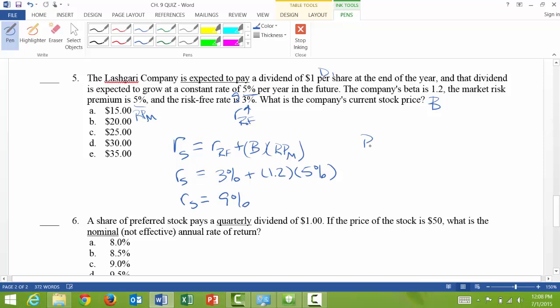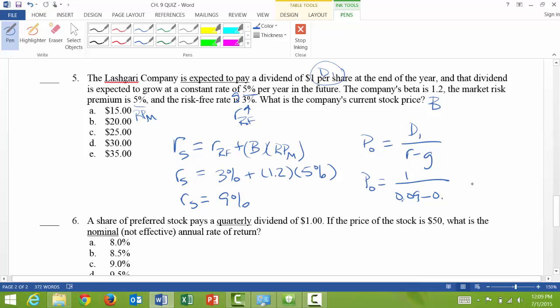Then we can get the price of the stock, and since we have D1 up here, it's D1 over R minus G. So the price is going to be $1 divided by the R we just got, the 9%, minus the growth rate.